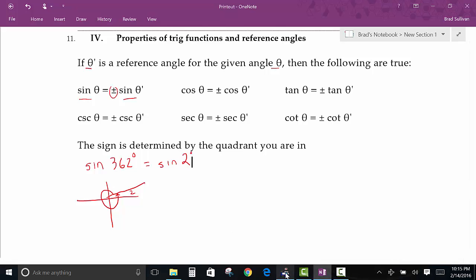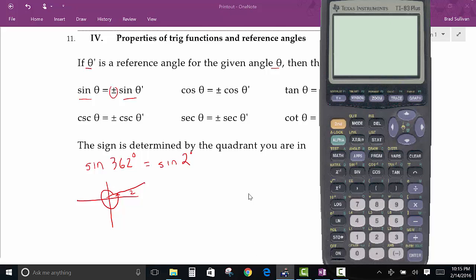I'm going to display this calculator, and I'll show you a couple of things that will help you understand this. I'm going to put myself in degree mode. So if I did the sine of, let's say, 365 degrees, that'll give that. Now a reference angle on that would be 5 degrees.